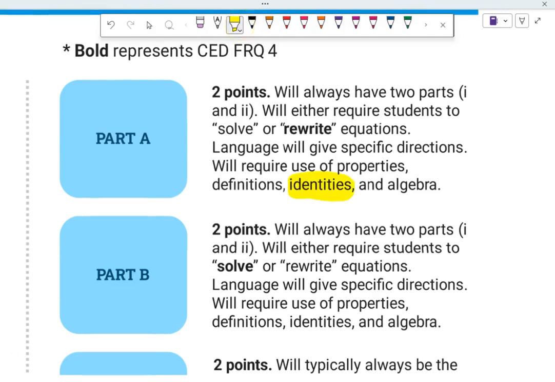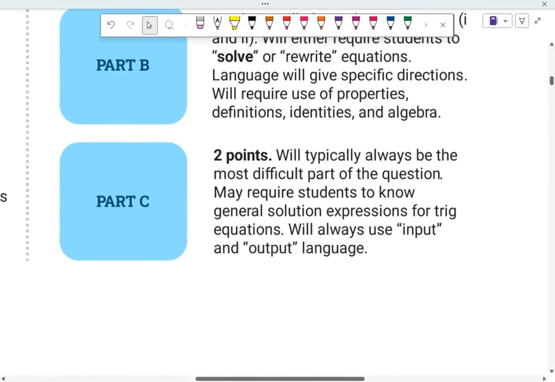You will need to have those properties and identities in your brain for the exam, whether you're doing the full AP exam or my mini exam. Part B is structured the same way. Part C will typically be the most difficult part of the question and may require you to know general solution expressions for trig. When we say general solutions, that's like our plus 2 pi n, right? We'll always use input and output language.